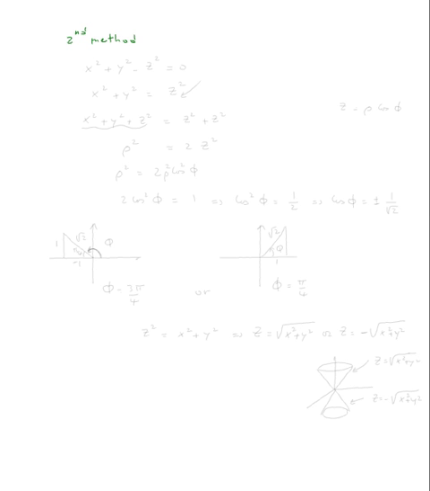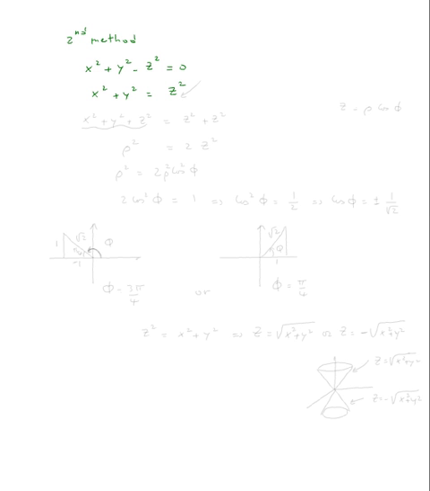Second method, we have x squared plus y squared minus z squared equals 0. So what I'll do, I move minus z squared to the other side. So that would be x squared plus y squared equal z squared.